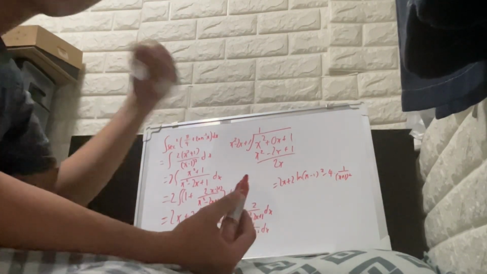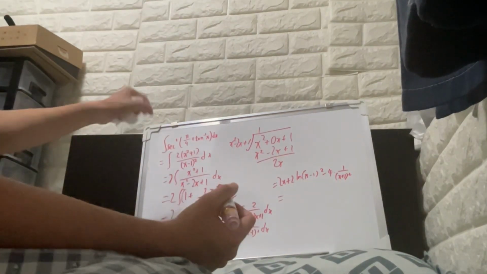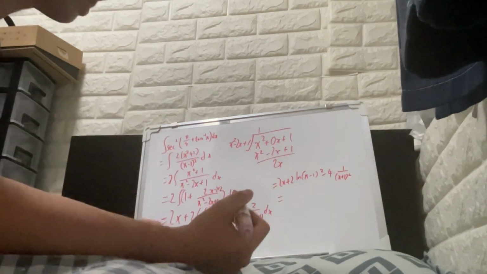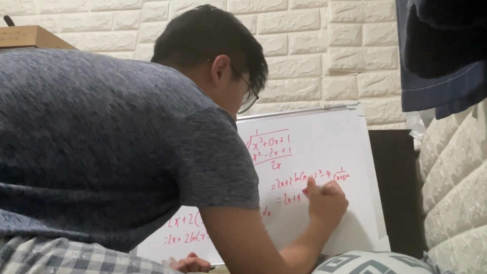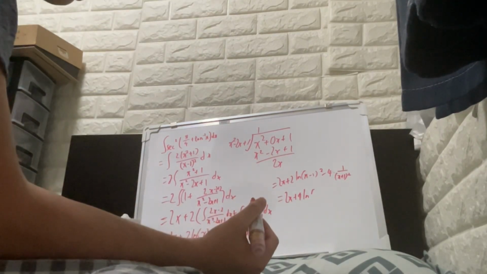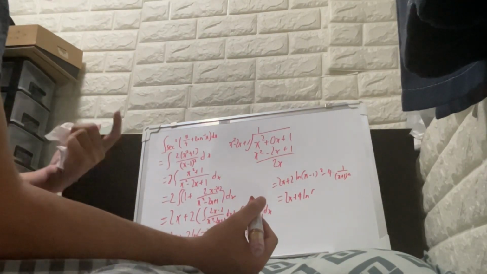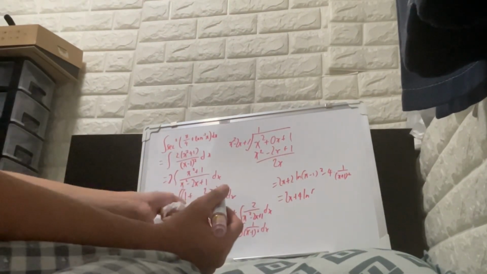And here, ladies and gentlemen, the integral of secant square of pi over 4 plus inverse tangent x will be equal to 2x, and then 2 times 2 you get 4 times ln. And here, I think we need to use the absolute value, because we put a 2 outside.